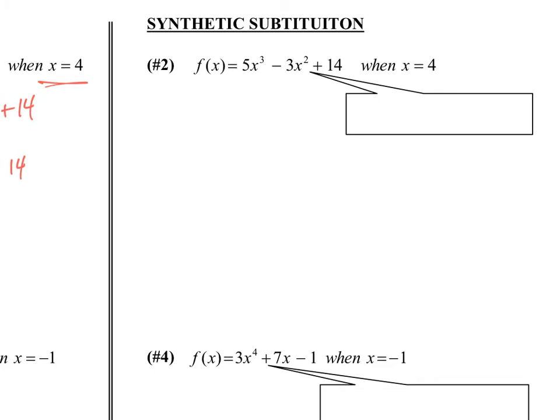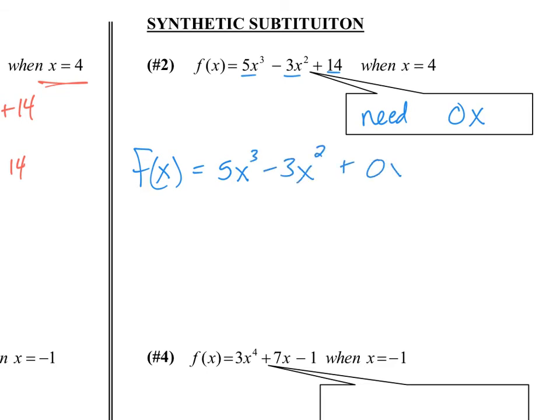For synthetic substitution, we have to put something in for every term or variable. Do you notice how this goes from x to the third to x squared to 14? We're missing a plain old x. So we need 0x because there are 0 x's in this function. So this would be f of x equals 5x to the third minus 3x squared plus 0x plus 14.